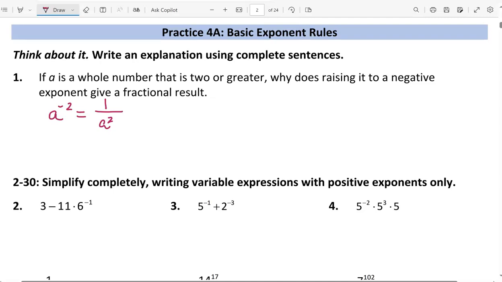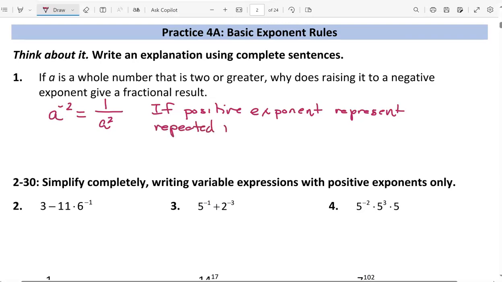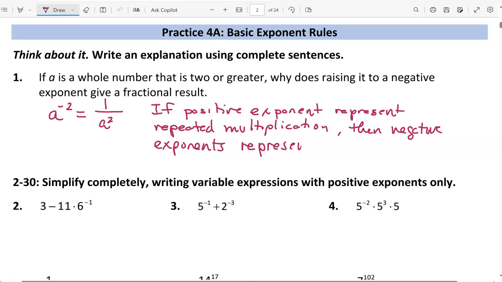Another way to express this is if positive exponents represent repeated multiplication, then negative exponents represent repeated division.